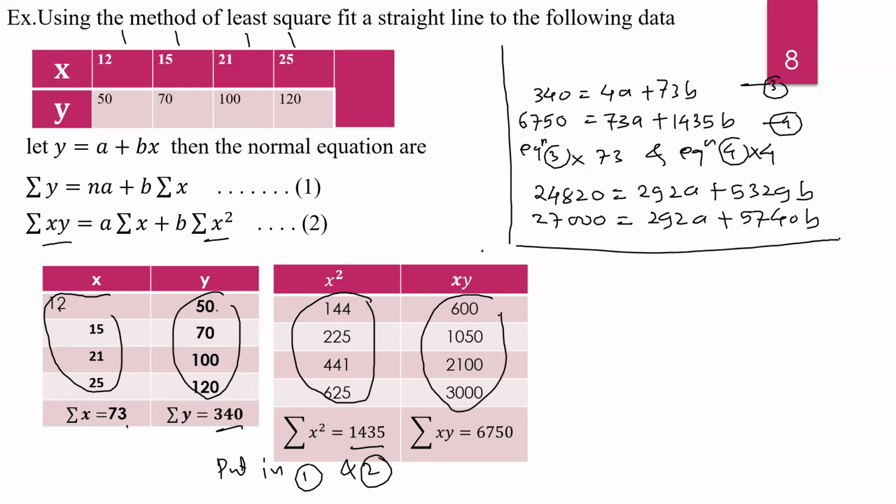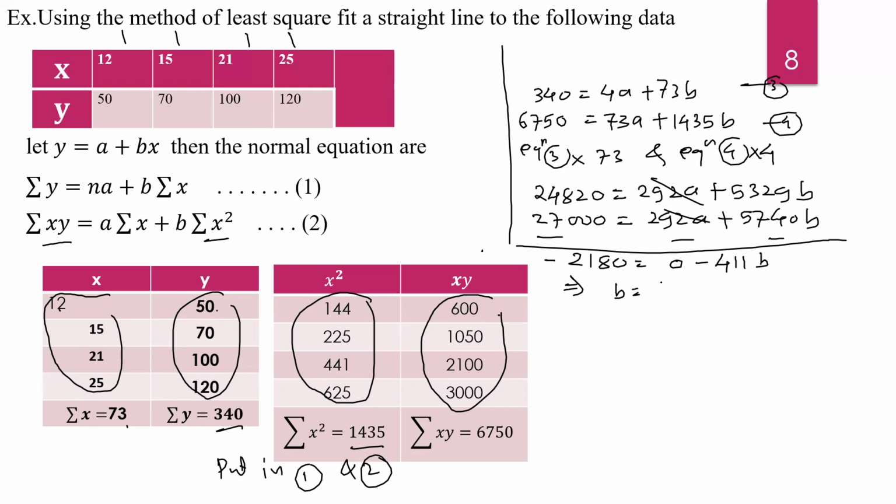Now take the subtraction. 292a is cancelled, and here we get minus 2,180 is equal to 0, and here minus 411b. So the minus sign cancels and we divide.